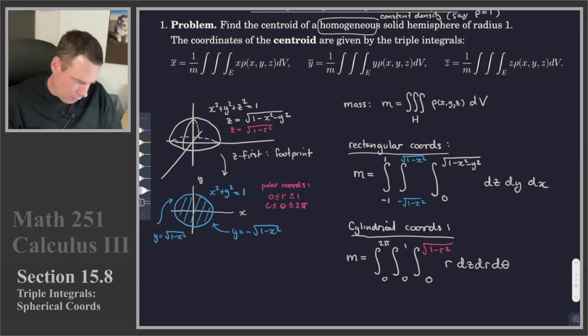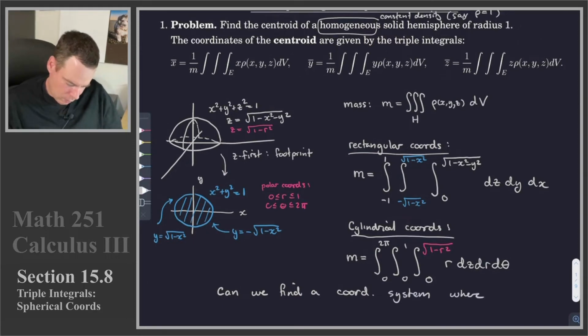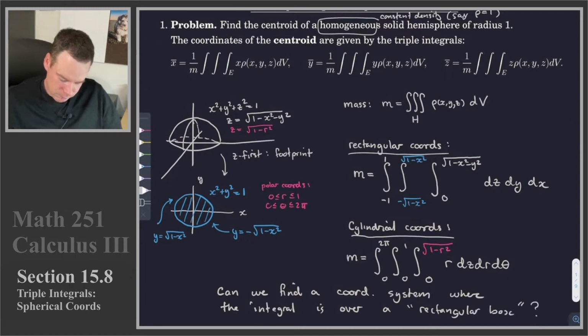So the question we want to ask is, can we find a coordinate system where the integral is over a rectangular box, and I'll put rectangular box in quotes, because this is a rectangular box in that coordinates.